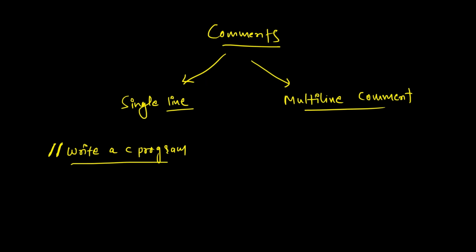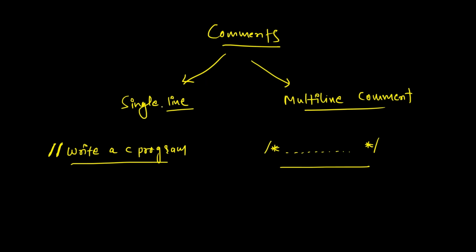A multi-line comment starts with slash star, then you write the comment here, then end with star slash. The application of this multi-line comment is the same as that of a single line comment. I hope you are clear about these two different types of comments.